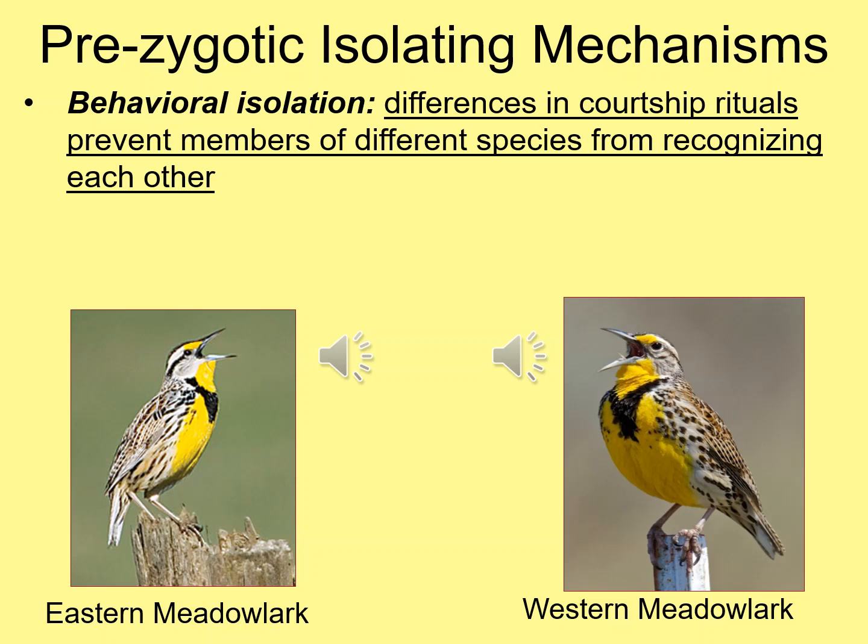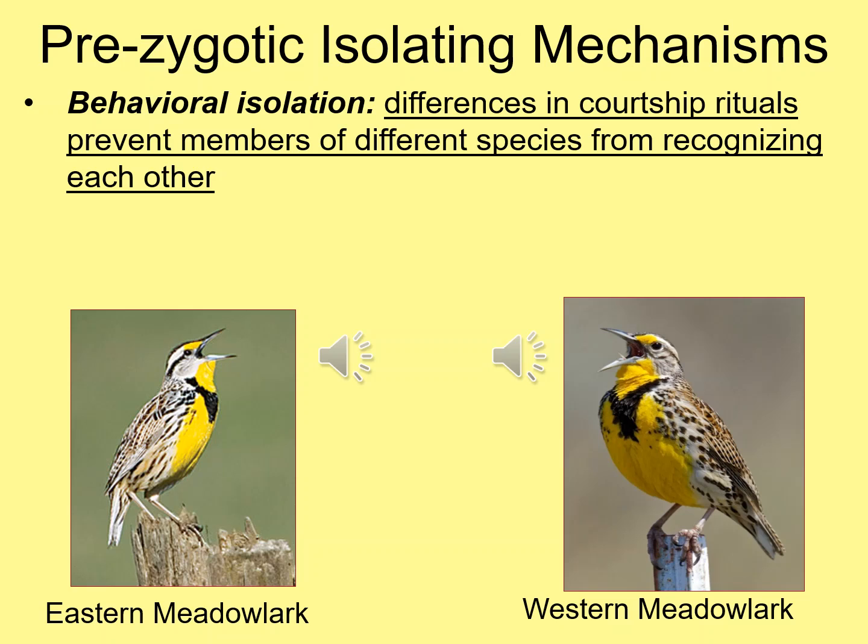And so as a behaviorist, here comes my favorite isolation mechanism, behavioral isolation. These are differences in courtship behavior or courtship rituals, right? So this could be songs, dances, plumage patterns, other coloration patterns, anything that is sexually selected, either intrasexual or intersexual, that is different between the two species, and so prevents members from recognizing each other as potential partners.